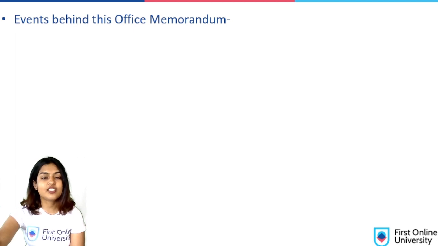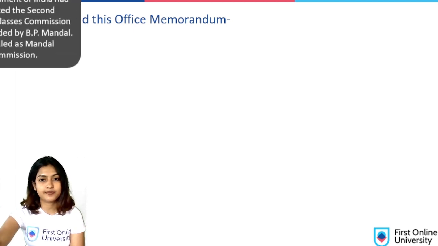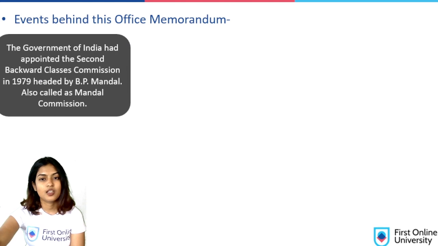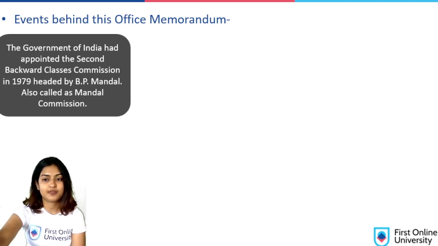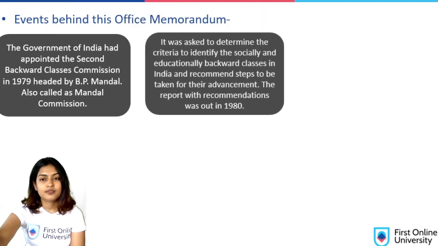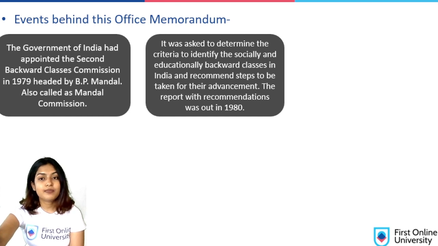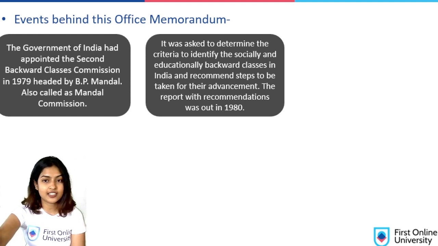So let us see the events that led to this Office Memorandum. The Government of India had appointed the Second Backward Classes Commission in 1979, headed by B.P. Mandal. So this commission was also called the Mandal Commission because it was headed by B.P. Mandal. It was asked to determine the criteria to identify the socially and educationally backward classes in India and recommend steps to be taken for their advancement.